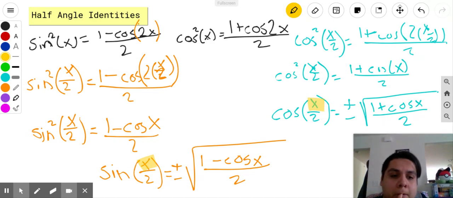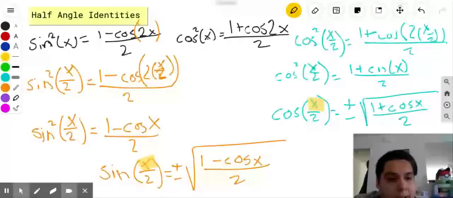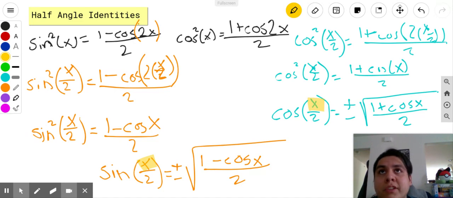So for sine, I need to consider the quadrants in which sine is either positive or where sine should be negative. Since we are dealing with sine, we know sine is positive in either the first or the second quadrant.